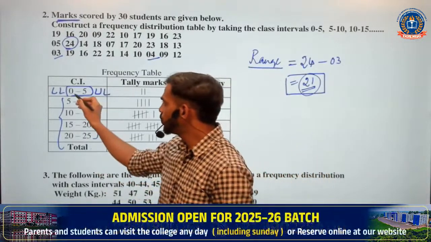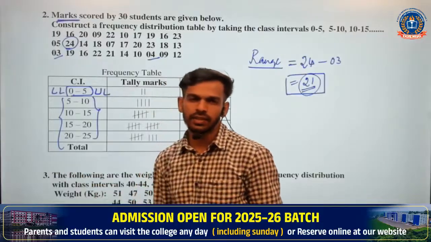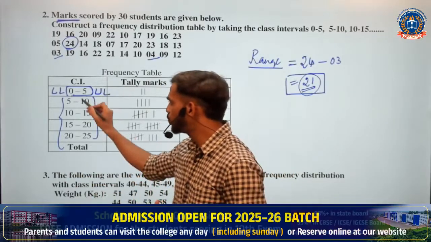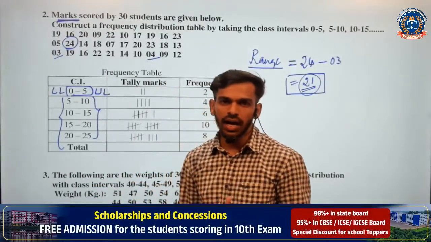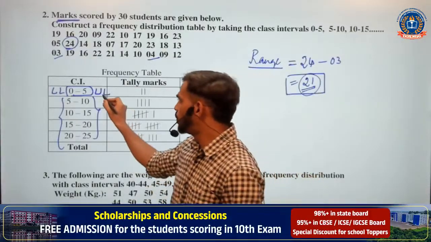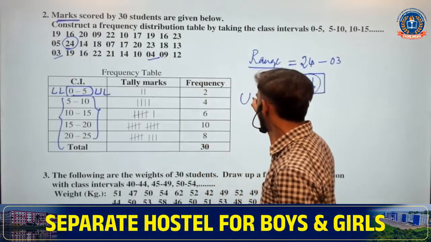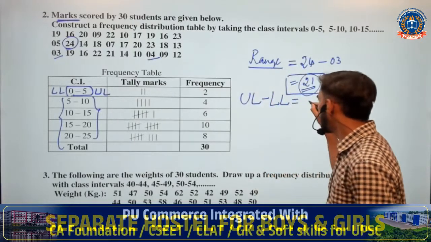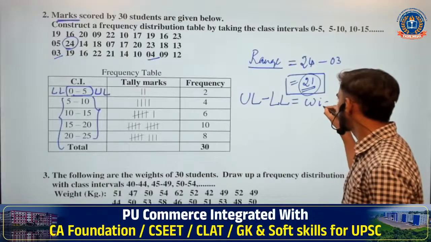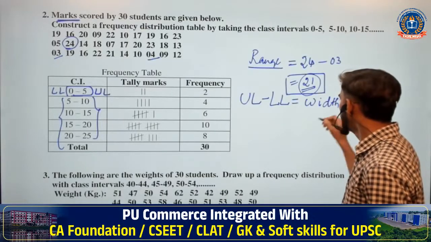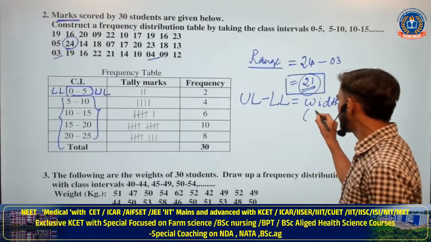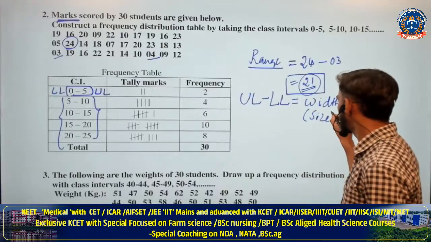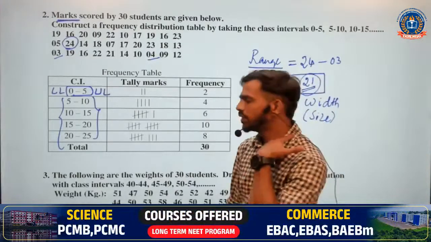The lowest value of that class will be considered the lower limit, and the highest value of the class will be considered the upper limit. Upper limit minus lower limit is nothing but the width of the class, which is also known as the size of the class. So how do we get that?